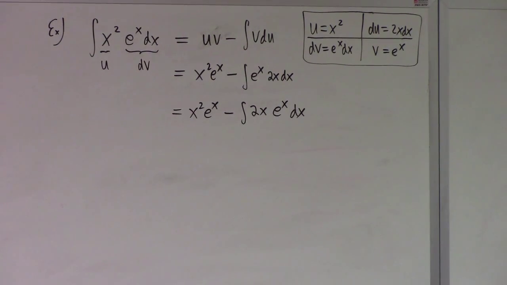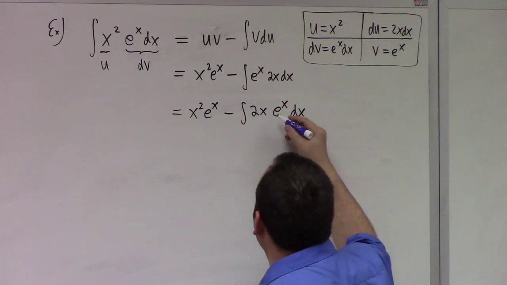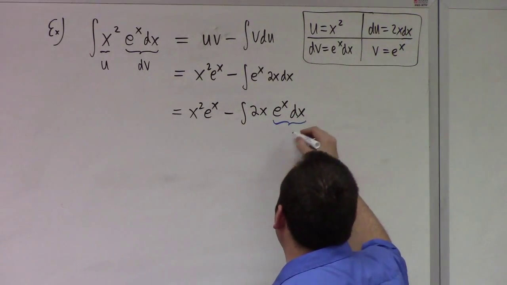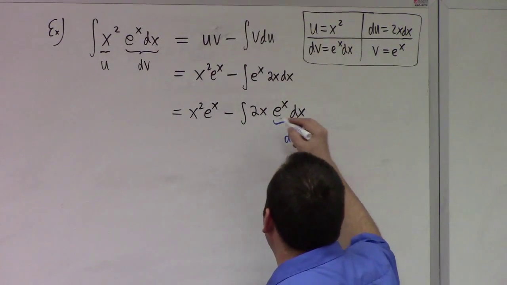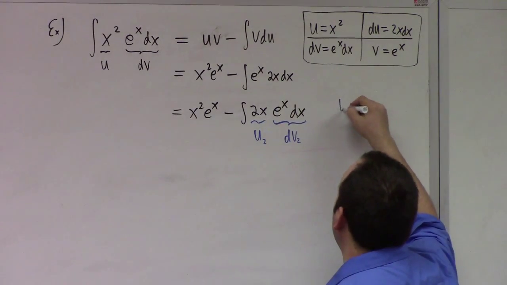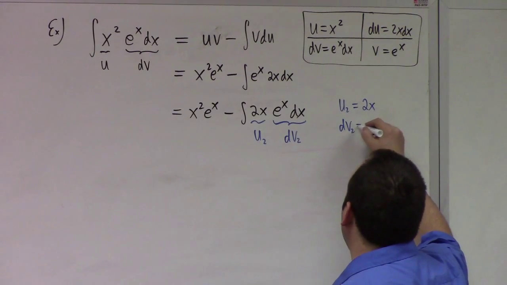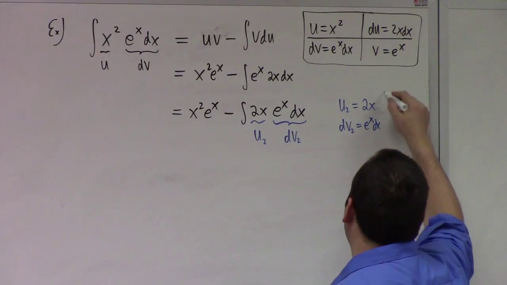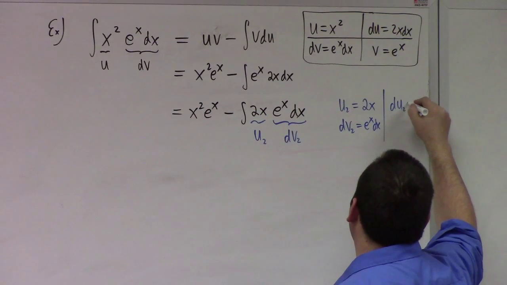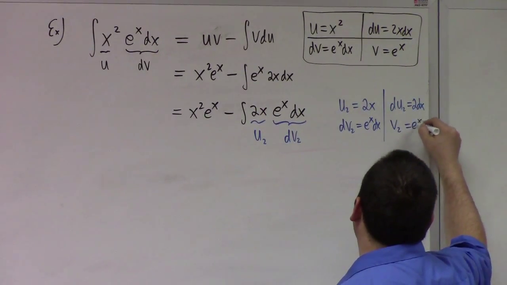So let me call this dv2, and I'll call this u2. So u2 equals 2x, dv2 equals e to the x dx. With that choice, we've got du2 is equal to 2 dx, and v2 is e to the x.